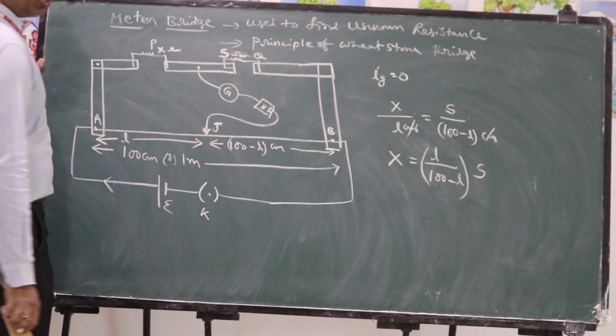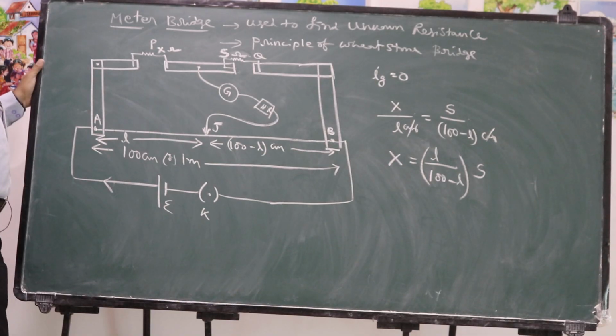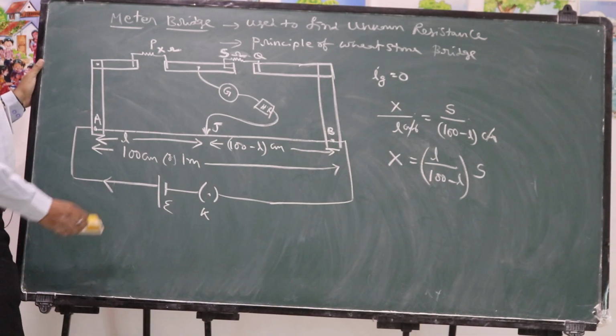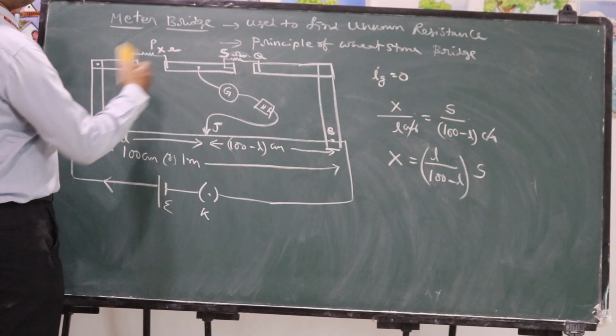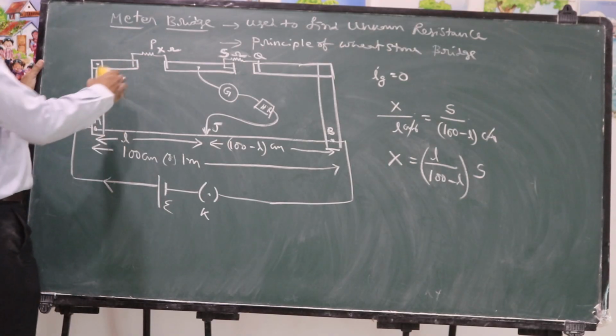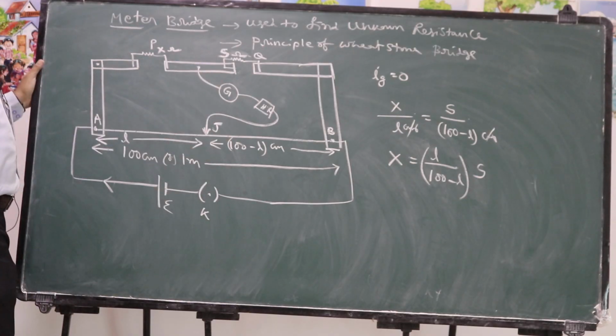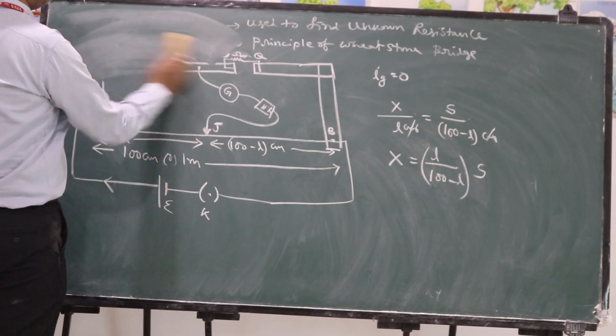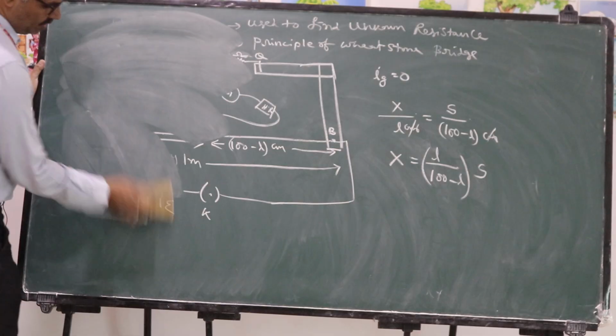The position of the jockey is to be adjusted such that the galvanometer reading becomes 0. By replacing the positions of the P and Q gaps, again you may find the X value. The average may give the exact value of the unknown resistance. Now let us see one problem related to this.